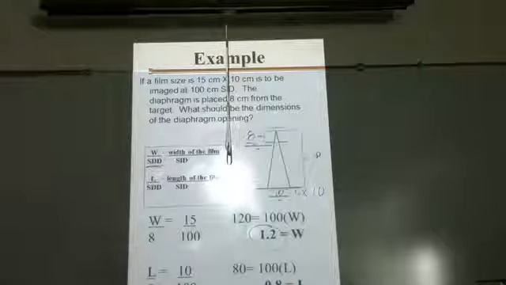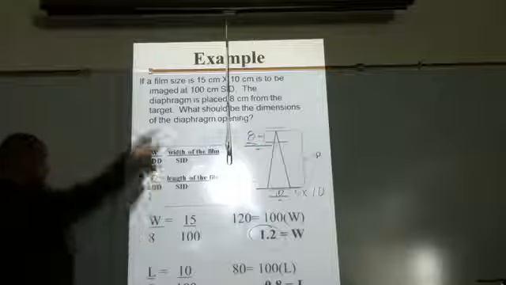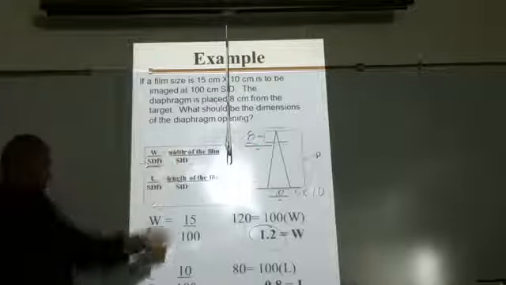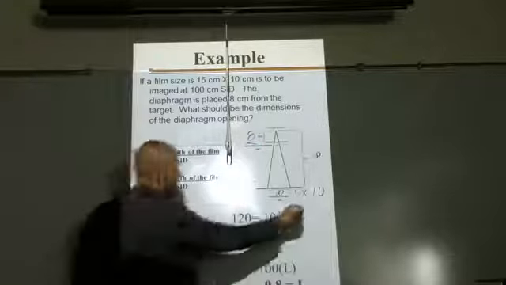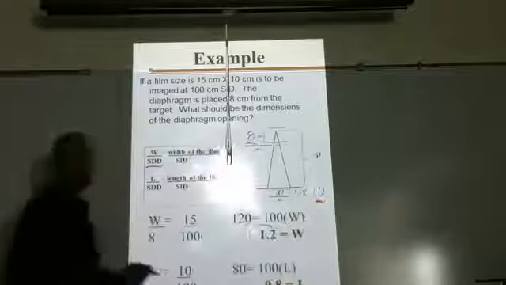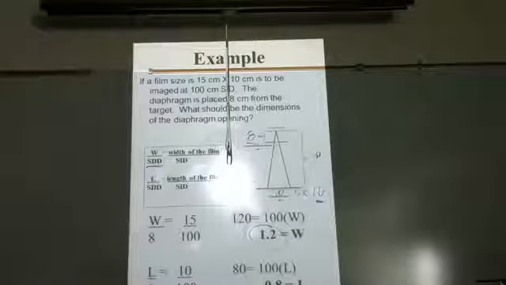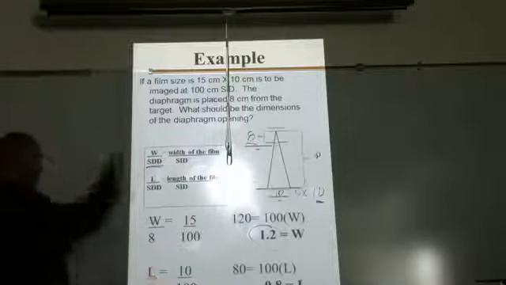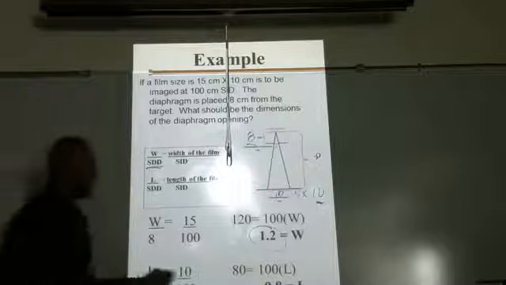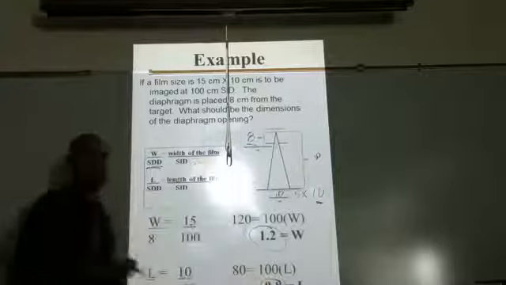Now I got to figure out the other part of my dimension, the length. Length over 8 is your SDD, is equal to 10, over here now, the second part of your beam dimension, over 100 SID. I now got 0.8.